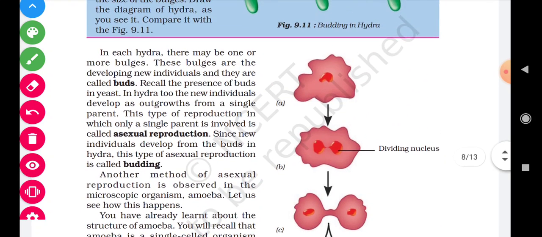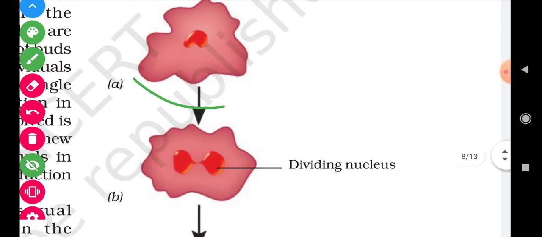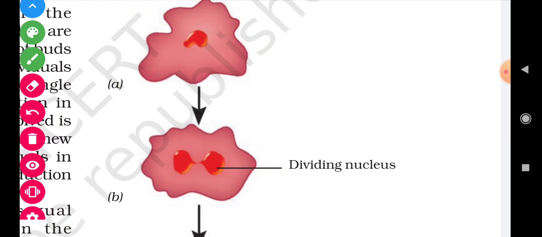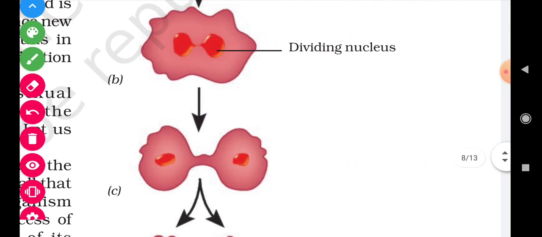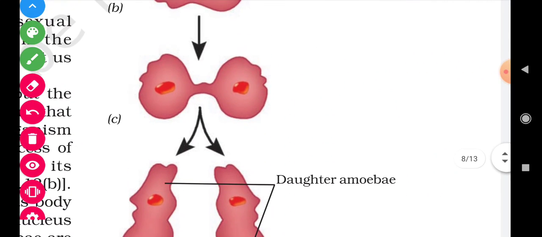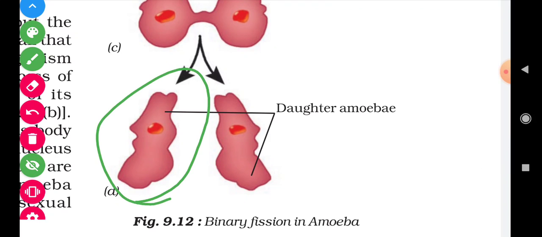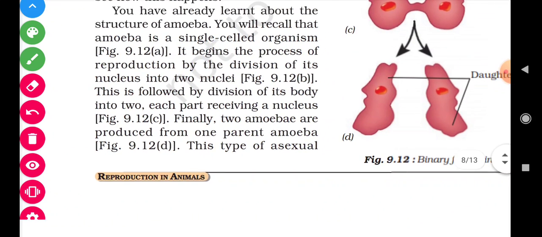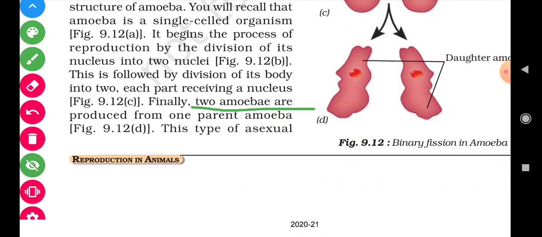Means student, here one amoeba is present and it has only a single nucleus. But after the division, it splits into two nuclei and the new organism starts to divide. After a certain period, it divides into two separate amoebae and they both have an individual nucleus. Okay. So finally, two amoebae are produced from one parent amoeba.